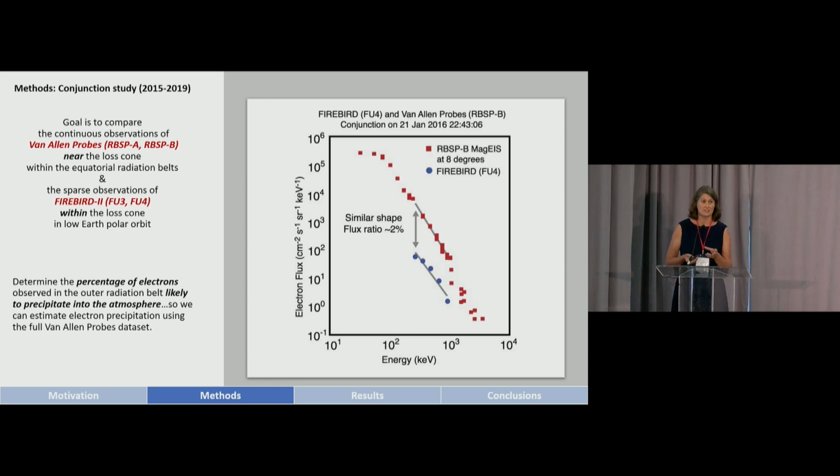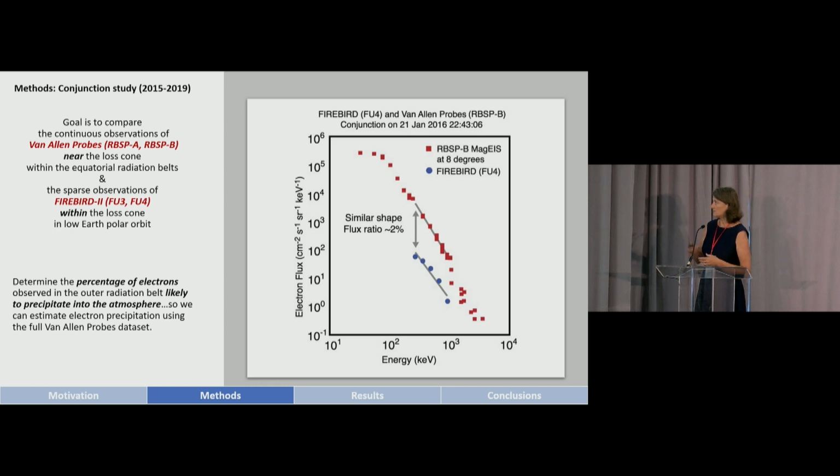The primary method that we used was a conjunction study, looking at conjunctions between the Van Allen probes and FIREBIRD satellites to try to understand what percentage of electrons seen by the Van Allen probes ECT instruments at pitch angles very close to the loss cone actually likely precipitate into the atmosphere, based on the observations that we had of the FIREBIRD CubeSats near the top of the atmosphere.